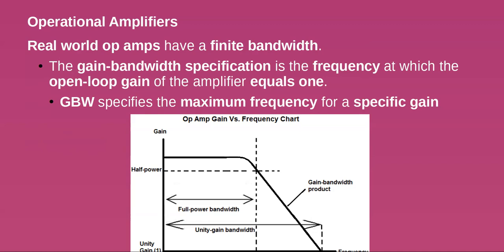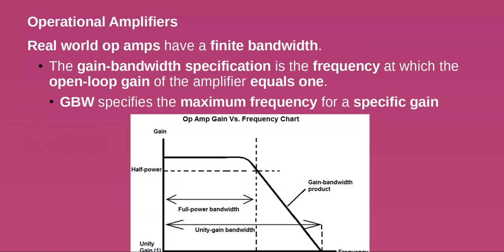Does that make sense? You have the same effect with the transistor. They have a gain bandwidth product also. It's a way of calculating what frequency is going to start affecting your circuit. Right, because there is a half power point, you can see in that curve.